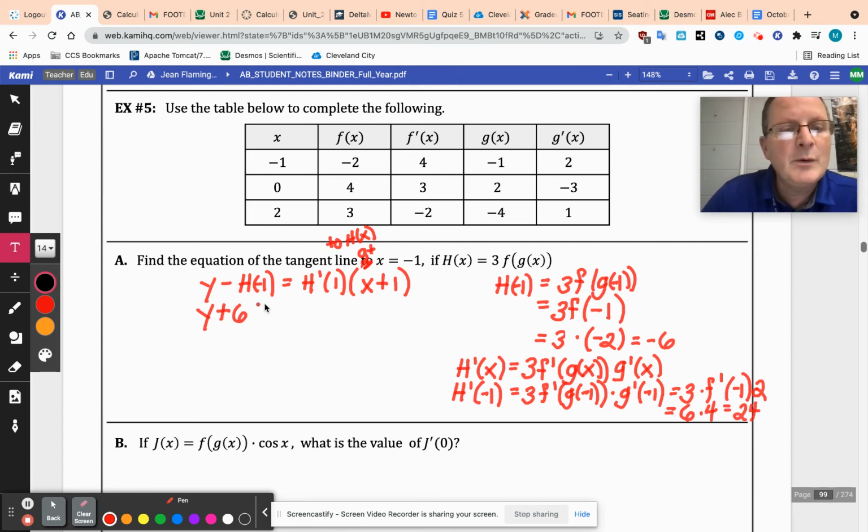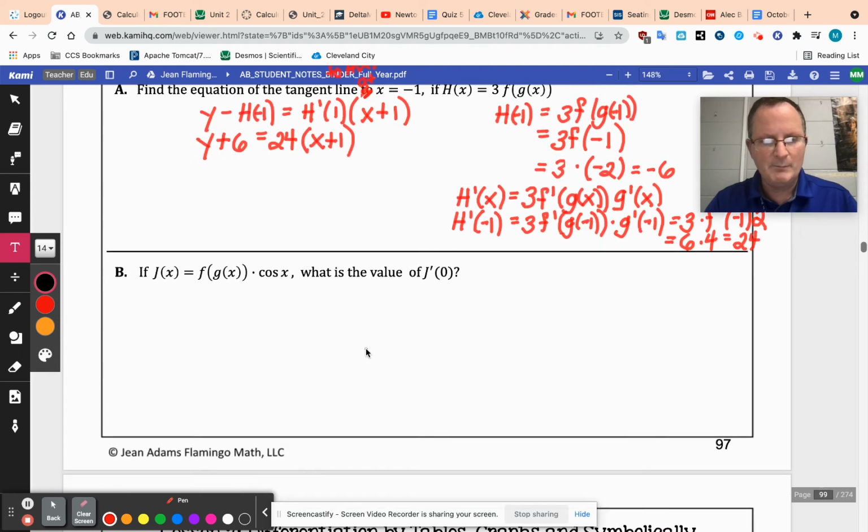So this will equal 24 times x plus 1. Woo! All right, that one was involved. We got some issues with the way the question was asked, but it was asking for the tangent line to h when x is -1. That's what it meant to do. As long as I didn't make any mistakes, which Lord knows could happen, y'all double check me on that and make sure that I'm okay.